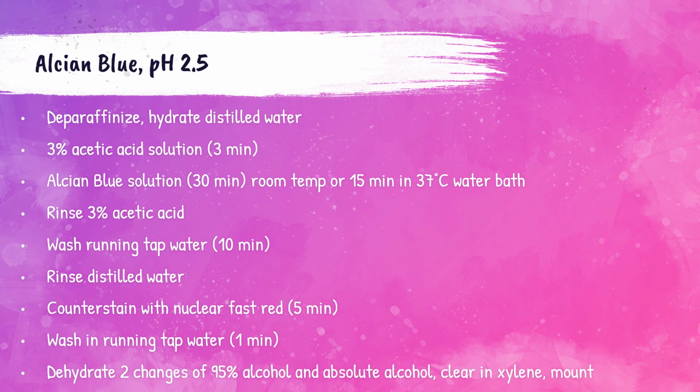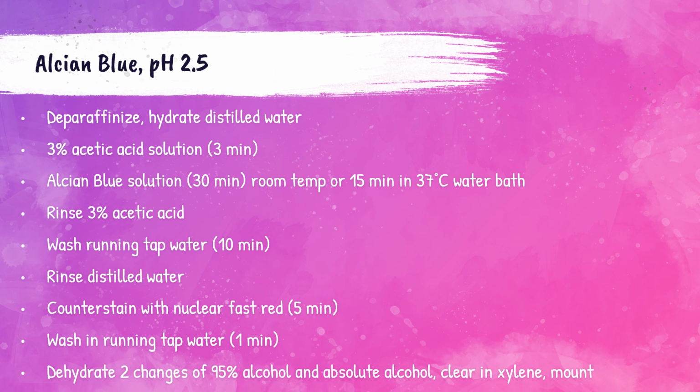The procedure for this stain is as follows. Deparaffinize and hydrate to distilled water. Slides are put into 3% acetic acid solution for 3 minutes, then put in Alcian blue solution for 30 minutes at room temperature, or 15 minutes in a 37°C water bath.